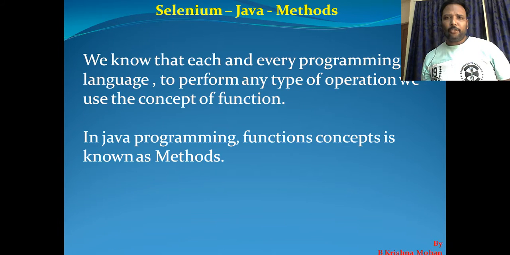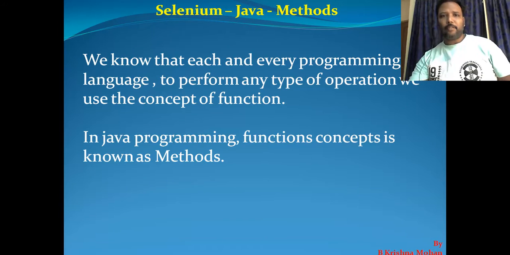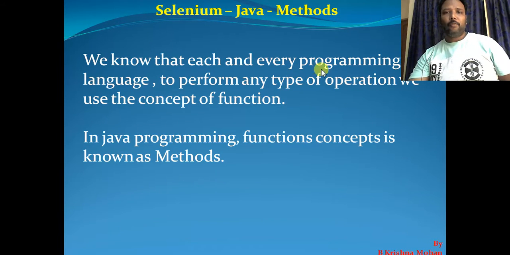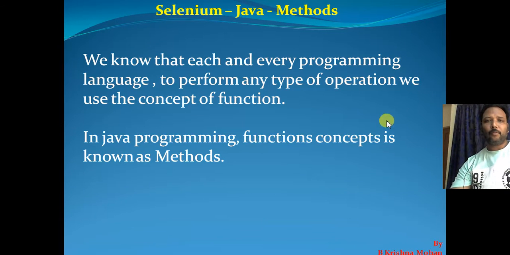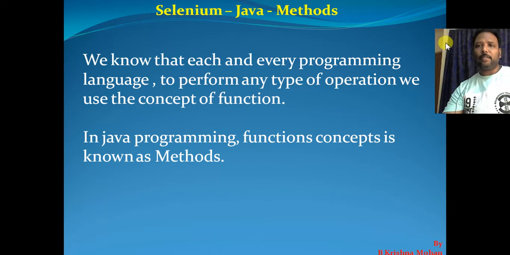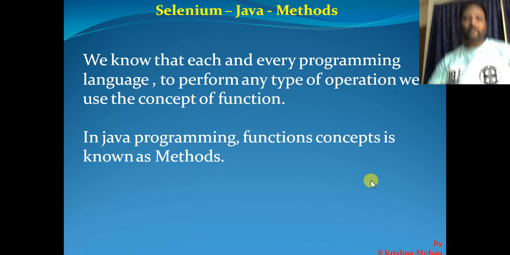We know that each and every programming language uses the concept of functions to perform any type of operation. In Java programming, the function concept is known as the method. It is not compulsory that we have to call a function a method, but it is called a method, or it can be called an action.